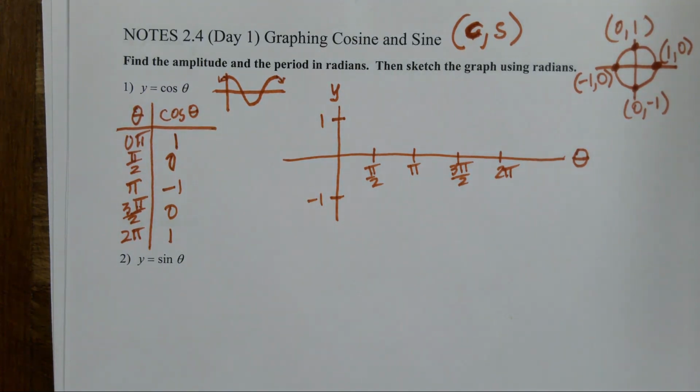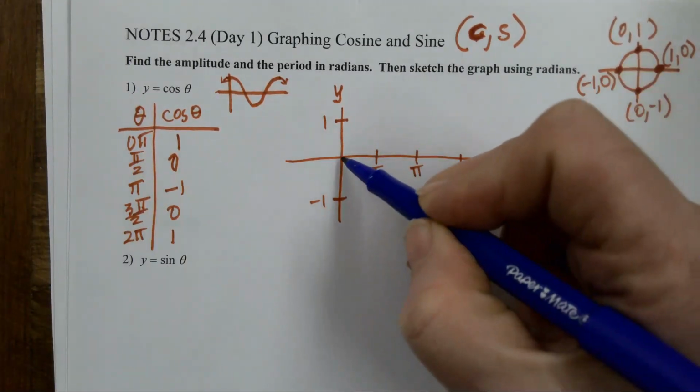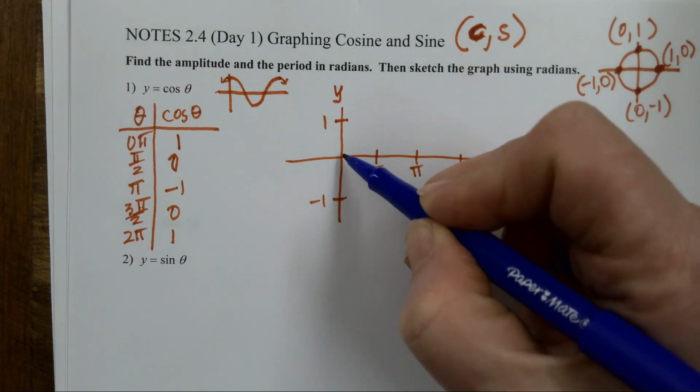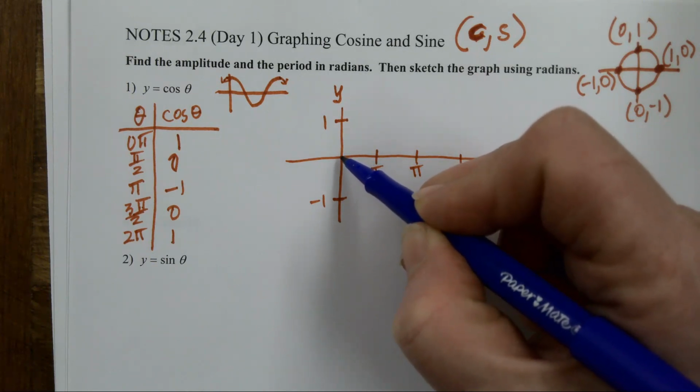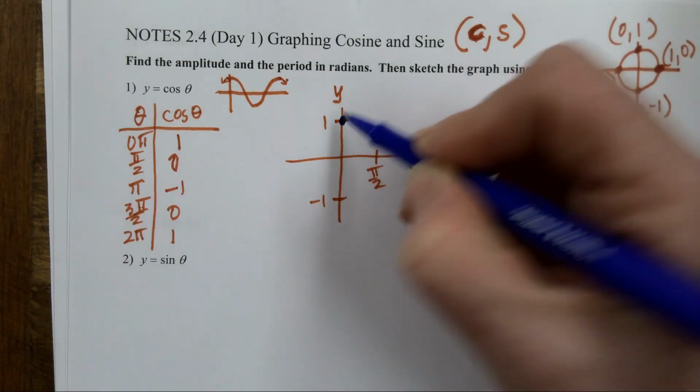And now I just put those points all together on my graph. I plot the point. That means the origin coordinate is (0 pi, 0). It's still (0, 0). And so 0 pi goes to 1.